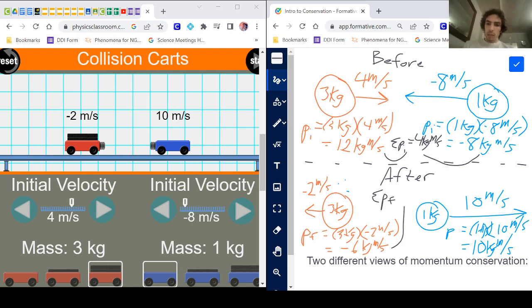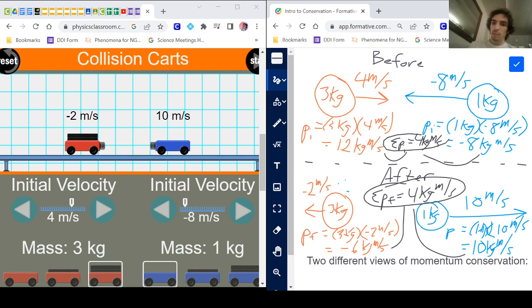So if we take this -6 kilogram meters per second and add it with that positive 10 kilogram meters per second from the red object, -6 plus 10 would get us that same exact 4 kilogram meters per second at the end in total in the system as we had at the beginning. So that is sort of the first and maybe more standard way to view conservation, is by saying the total momentum in the system stays constant.